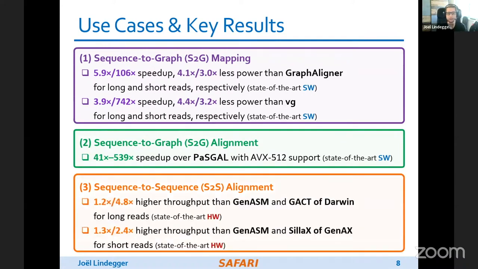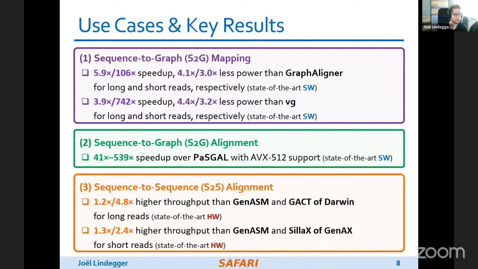And then for sequence to sequence alignment, so this well-known computational problem with many existing accelerators, over there we can compare to hardware accelerators, and we observe that we get higher throughput than state-of-the-art baselines such as Genome and GACT of the Darwin accelerator.